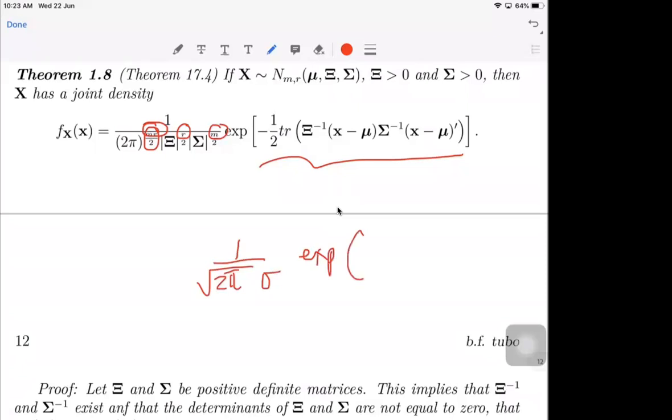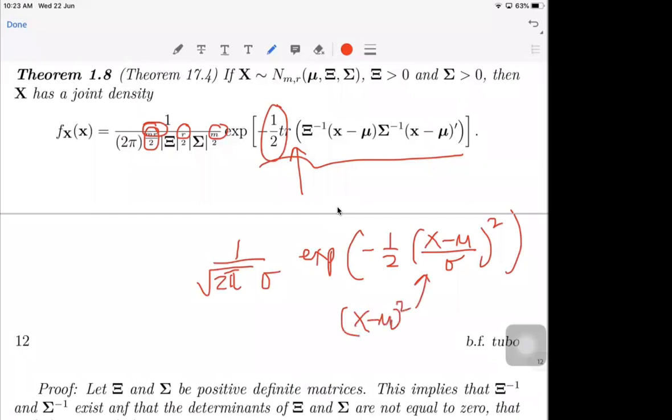Sa univariate, 1/2 of x minus mu over sigma squared, di ba? Okay? So you will still have the 1/2 there. You have to add the trace for the matrix. And then this part here, x minus mu squared, sigma squared. The sigma squared there will have 2. The denominator man na.